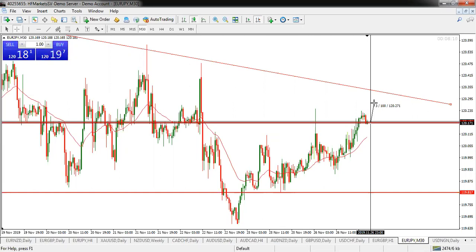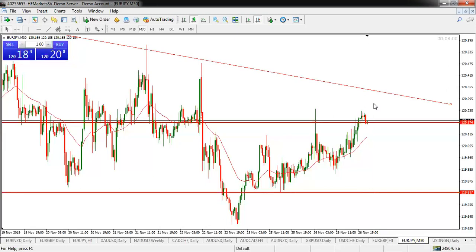If you are using 0.1, you will have lost $10. If you are using 1.0, you will have lost $100. So that is the way the lot size and the pips also work. Pips calculation, I already explained that.